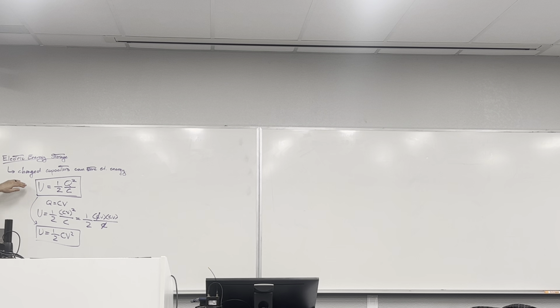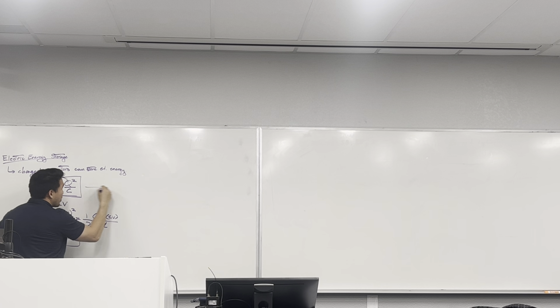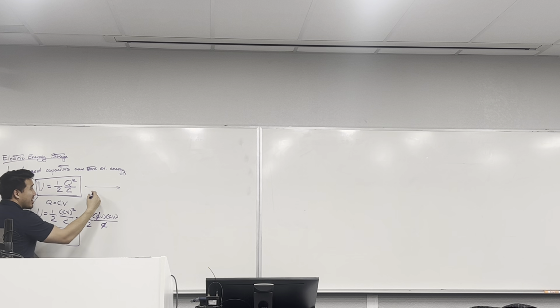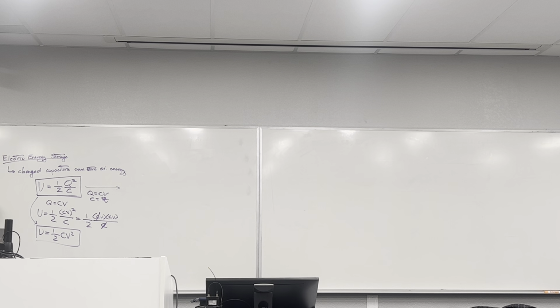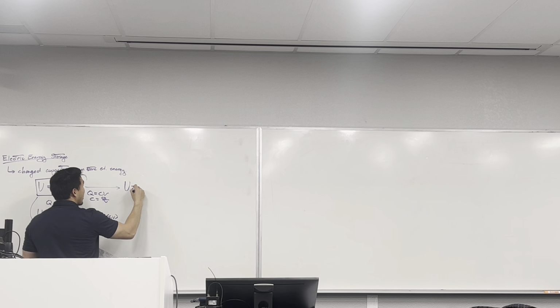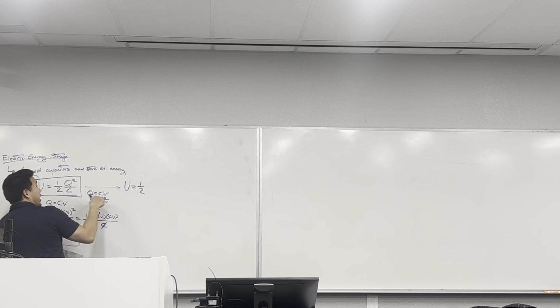And we go from this equation to this other one simply through our capacitor equation. Instead of replacing Q with CV, we can replace C with Q over V, which is still part of that capacitor equation. If we do that, we get the third way we can compute the stored energy in a capacitor.